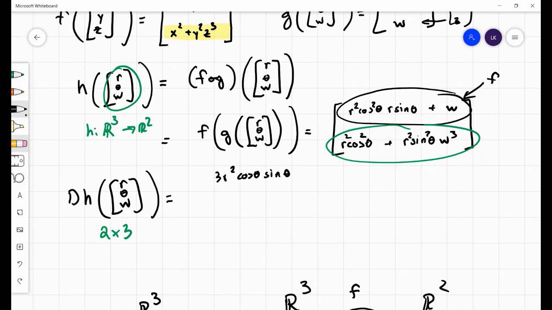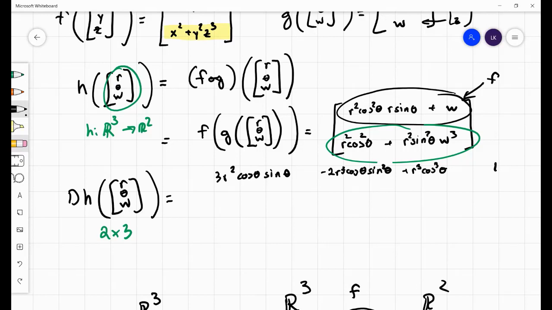With respect to theta, and then with respect to w.